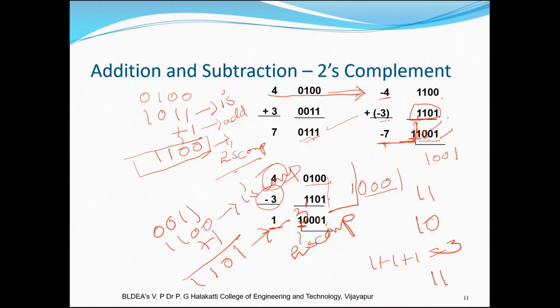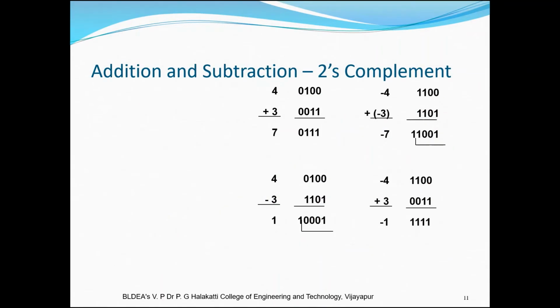Now a similar example we have here: here we had +4 minus 3 addition, here we have -3 plus 4 addition. Here we are going to get a positive value, +1. Here the result will be a negative value, that is -1.